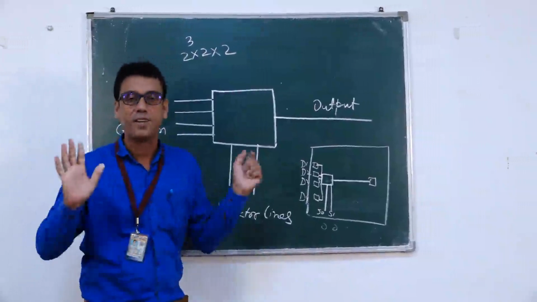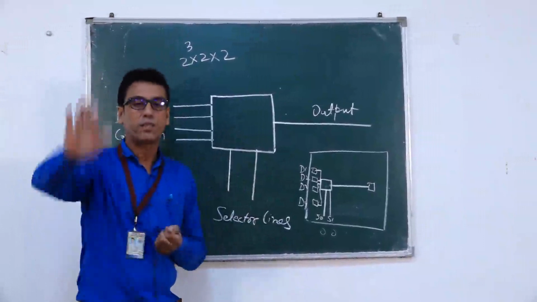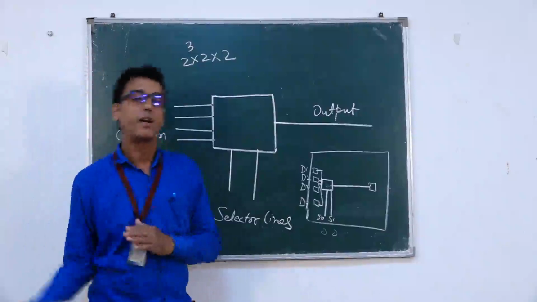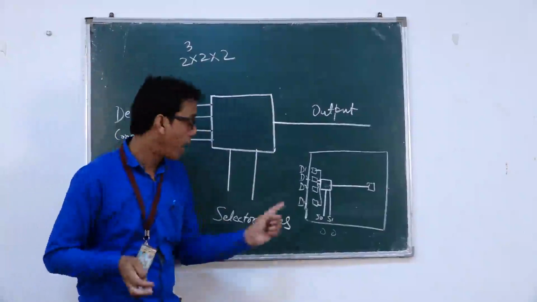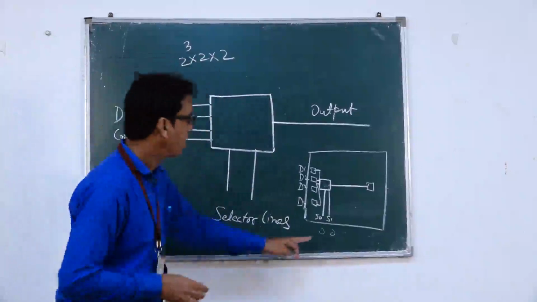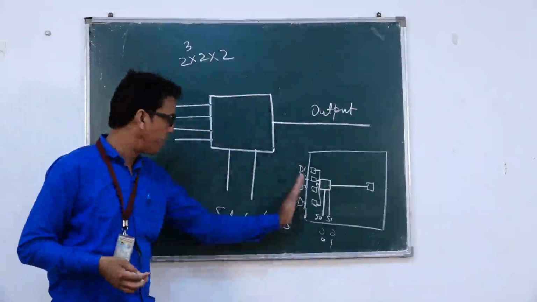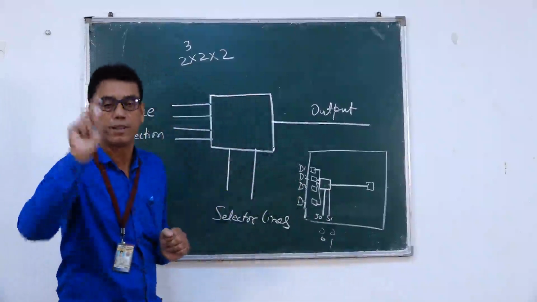It is something like traffic controlling, where the traffic police stops one row of the road and allows the other row to move on. In the same manner, if 01 is given to the selector lines, then D2 will be allowed to send the data.